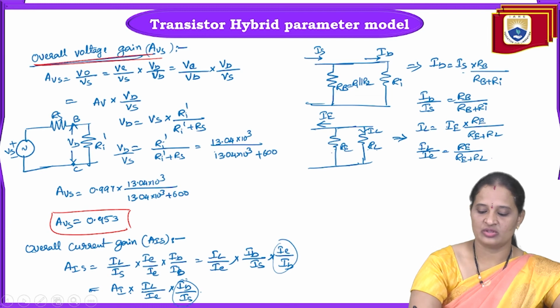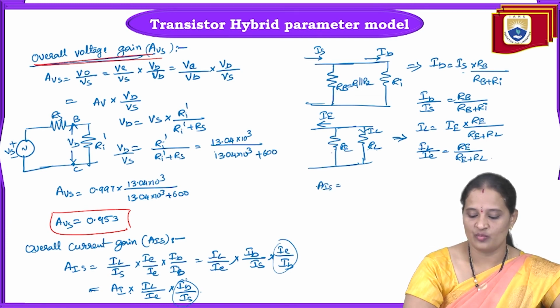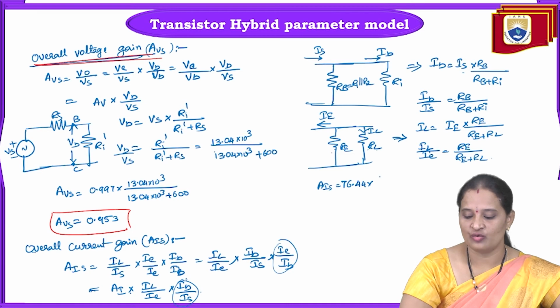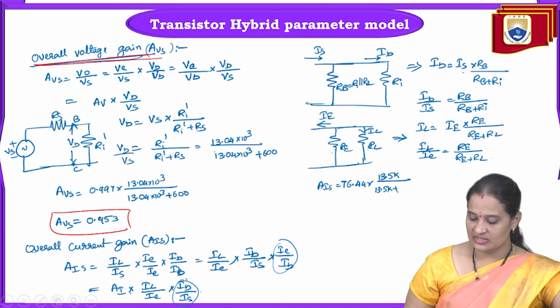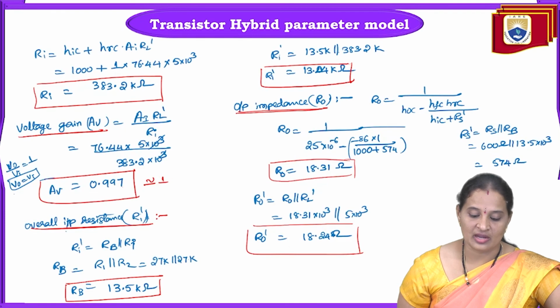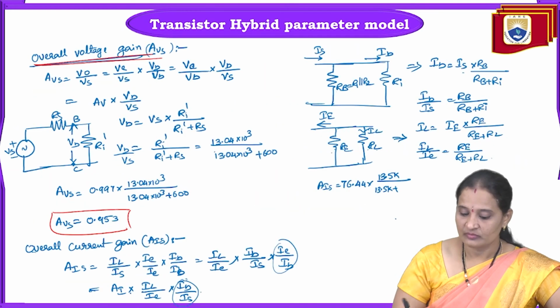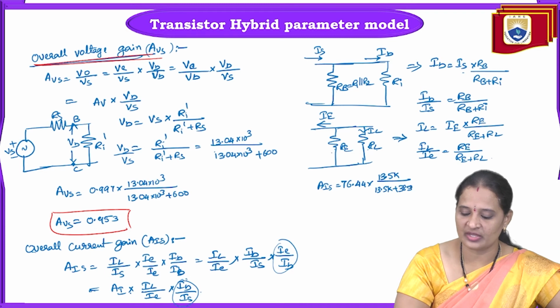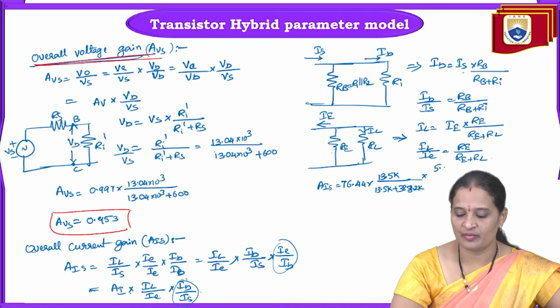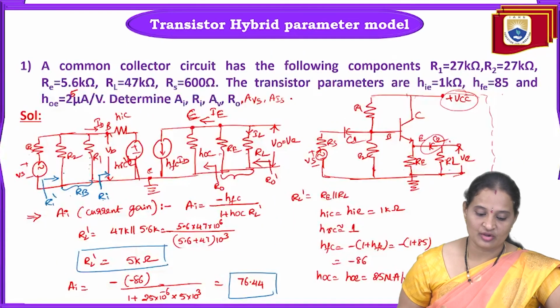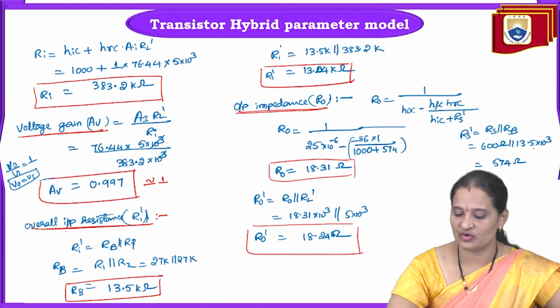Now just substitute all these formulas here. For AIS, we already calculated the value of AI, that is 76.44, into RB value, which we already know, 13.5K divided by 13.5K plus the RI value. We have got the RI value as 383.2K, into the RE value, which is 5.6K, and RL is 47K.